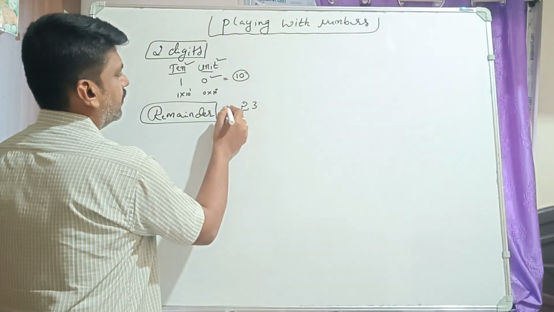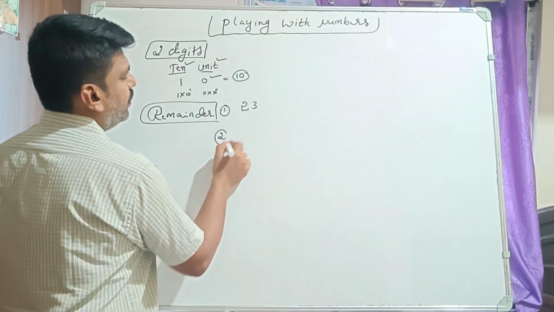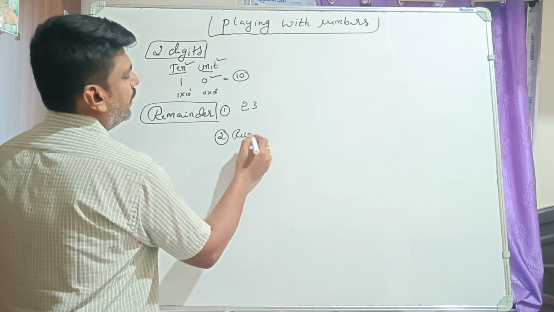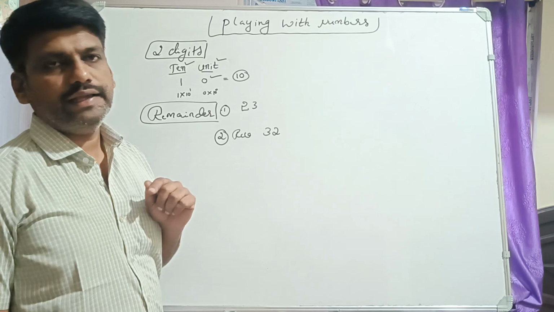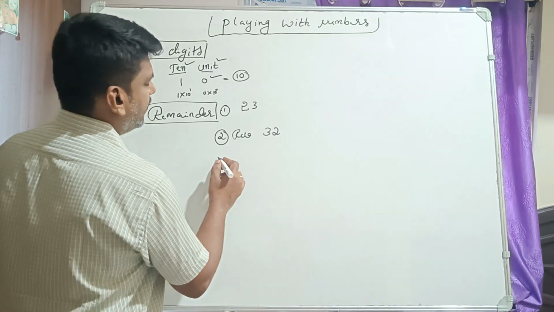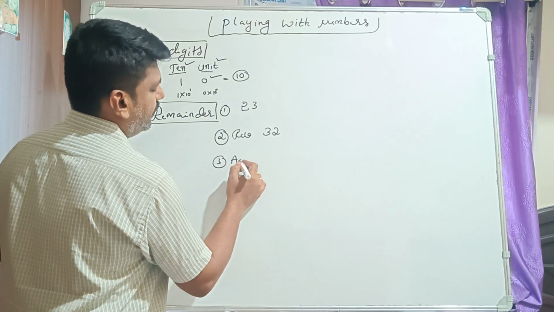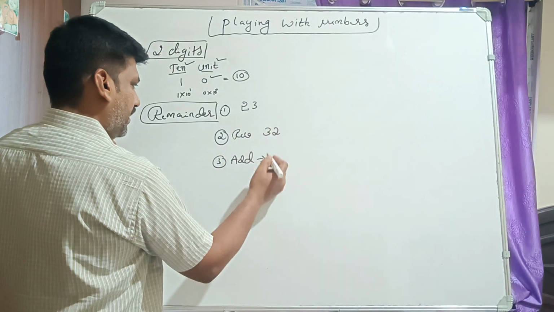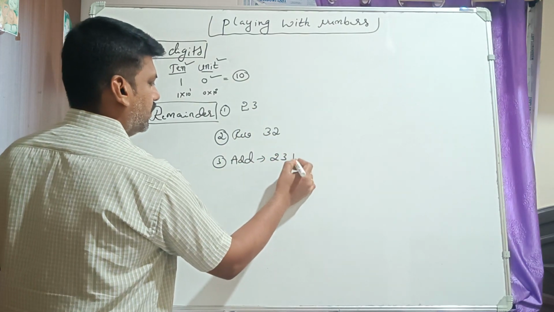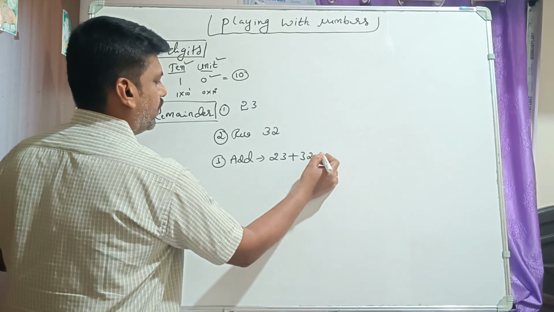This is step number 1. In step number 2, I will tell you to reverse this two-digit number, so it becomes 32. In the third step, I will tell you to add these two, 23 and 32.